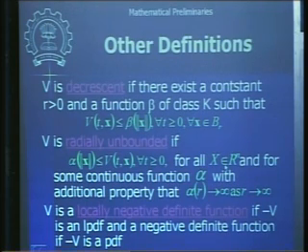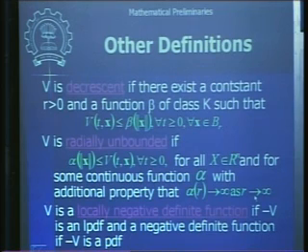Globally it should be valid, for all x belonging to Rn, and for some continuous function alpha with the additional property that alpha of R will tend to infinity as R tends to infinity. So the function alpha should go on increasing as R goes on increasing till infinity.